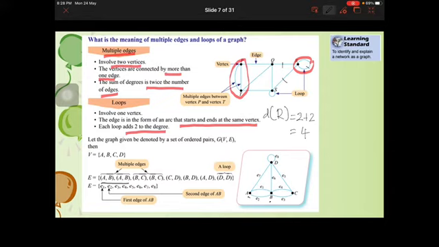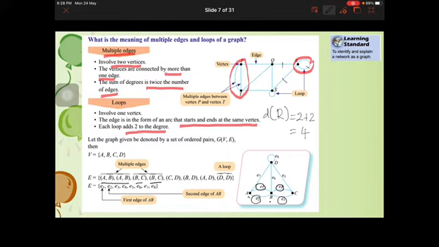One is E1 and the other one is E2. So this is what we call multiple edges, more than one edge. And then we have BC and BC. That means we have more than one edge, so we have E3 and E4.